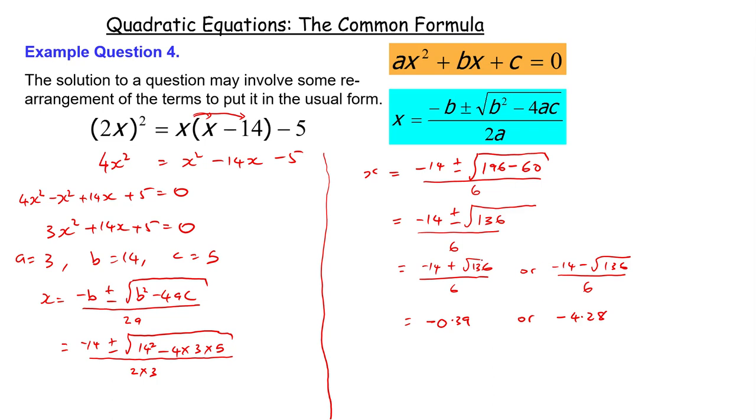Now make sure you can get those solutions from this equation here and this one. Just get on your calculators and do that. Now hit pause, and when you're ready to have a go, hit play again for the next question.